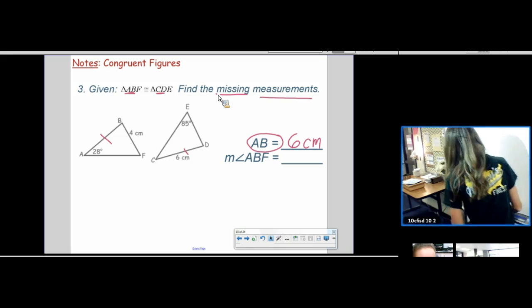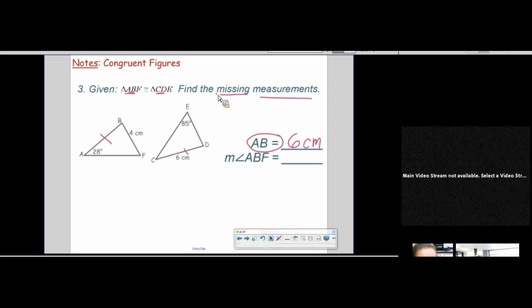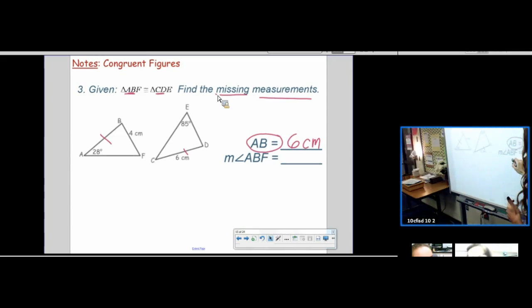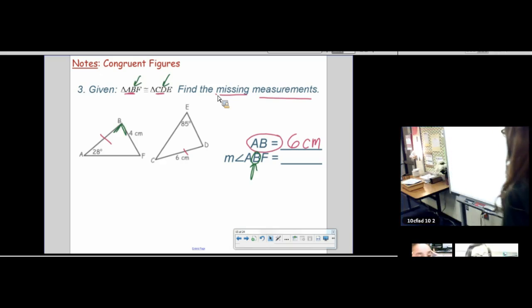Now measure angle ABF. Since there's not more than one angle at each letter, we can just look at the middle letter. So we're really looking for angle B, and we know that that is going to be congruent to angle D because they are both listed second.